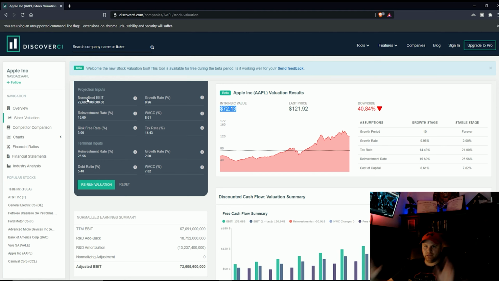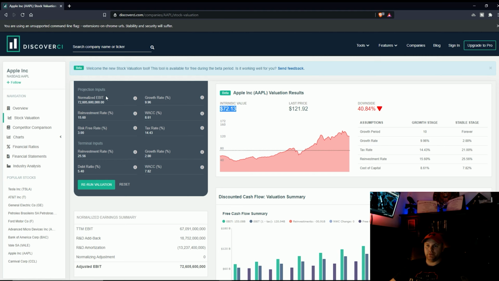But it takes in literally the projections of their current growth rate, the weighted cost of capital, tax rate, risk-free rate. You can change the risk-free rate, but I really don't like to mess with these. This is really conservative and gives you pretty good analysis of where the stock should be at. Reinvestment rate, debt ratio, and then, like I said, this is the projection, and then terminal growth and projection inputs.